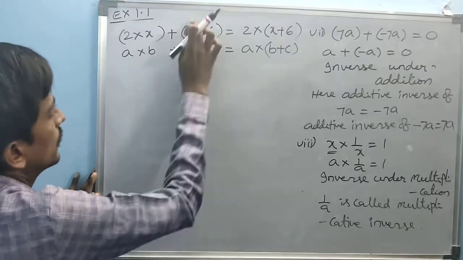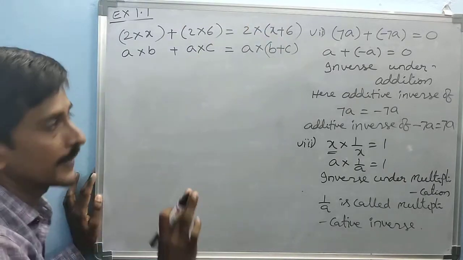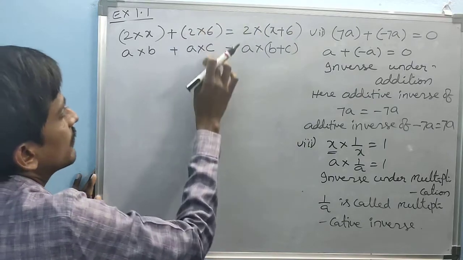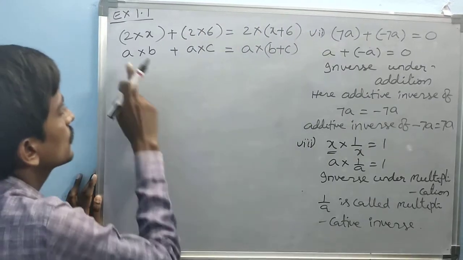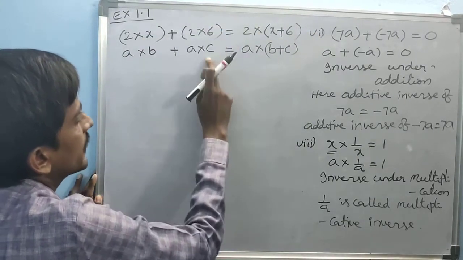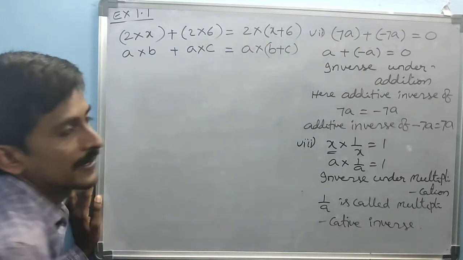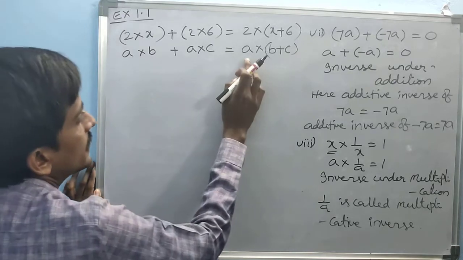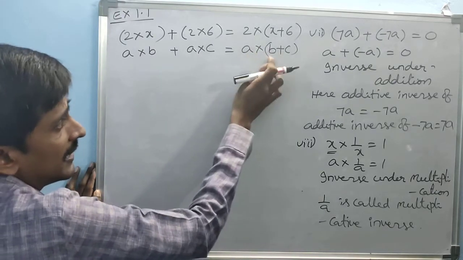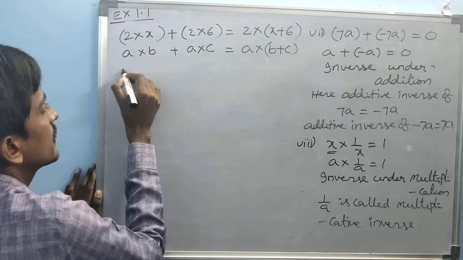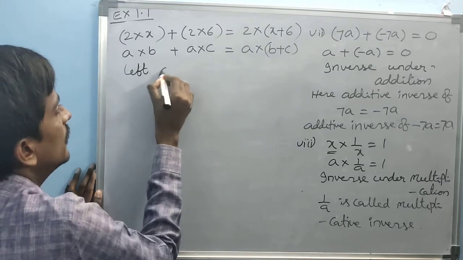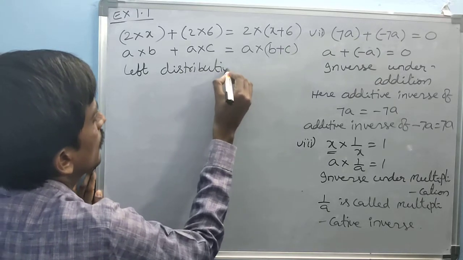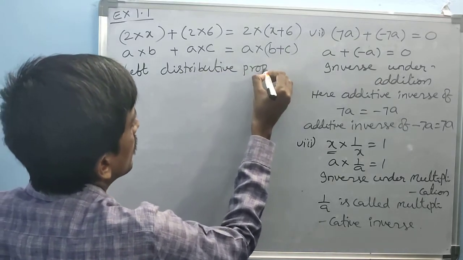Here a equals 2, b equals x, c equals 6. So a into b plus a into c equals a into b plus c. Again, into and plus, two symbols here. So it is on the left side. So this is which property? Left distributive property.